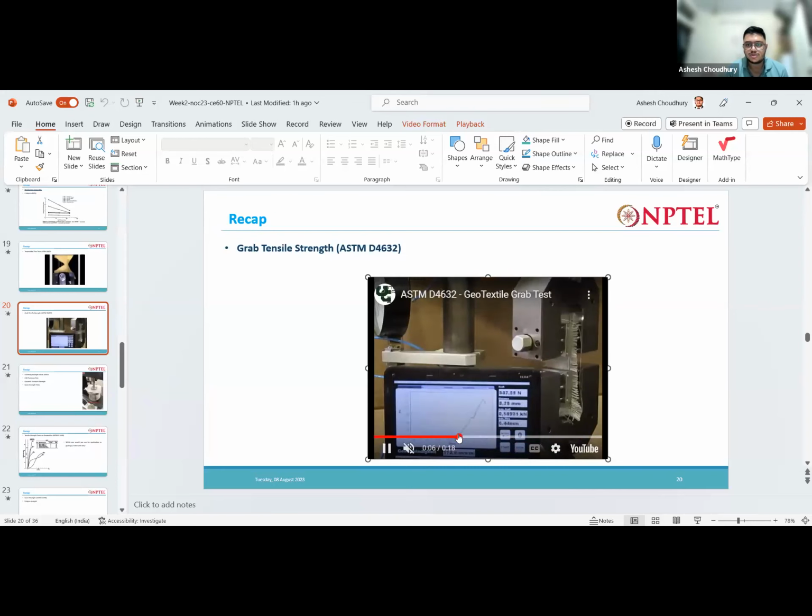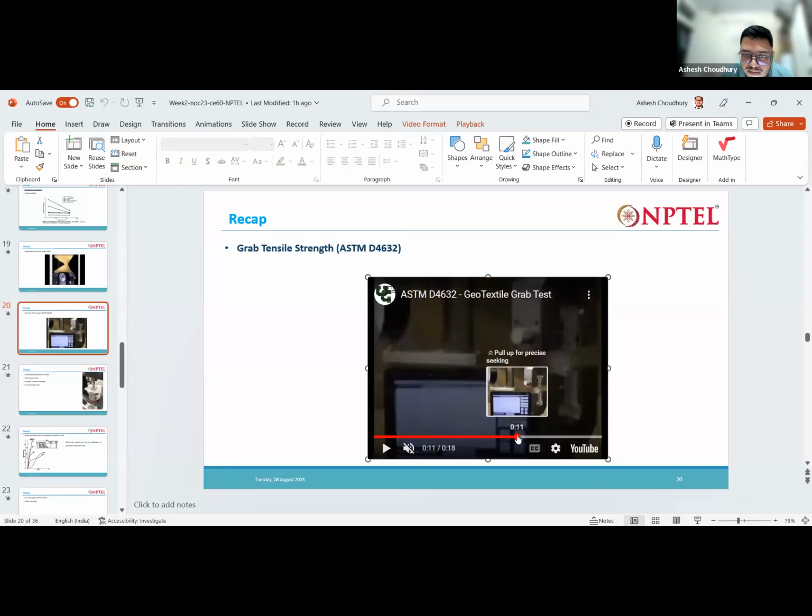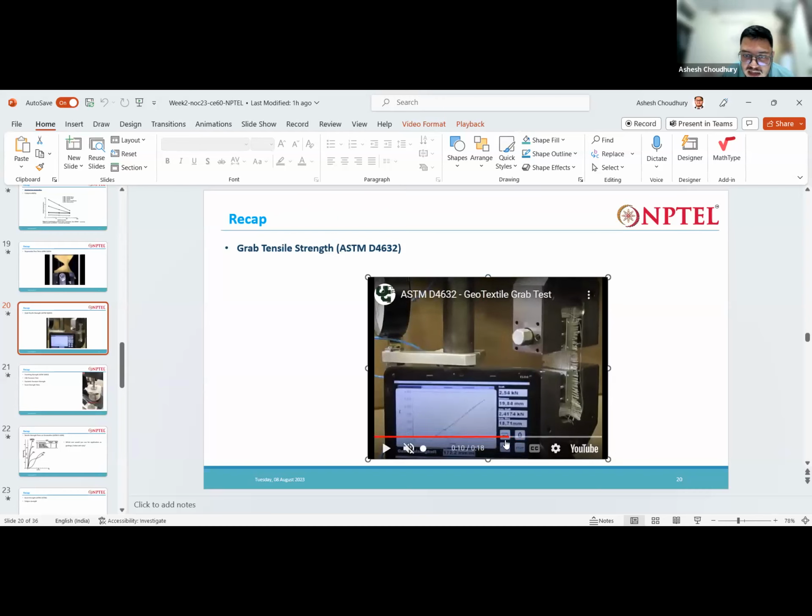As soon as the rupture occurs, you can see here, the load is increasing, then rupture occurs. You can just notice the rupture. As soon as the rupture occurs, this graph is falling down. Just notice carefully, see here and here.